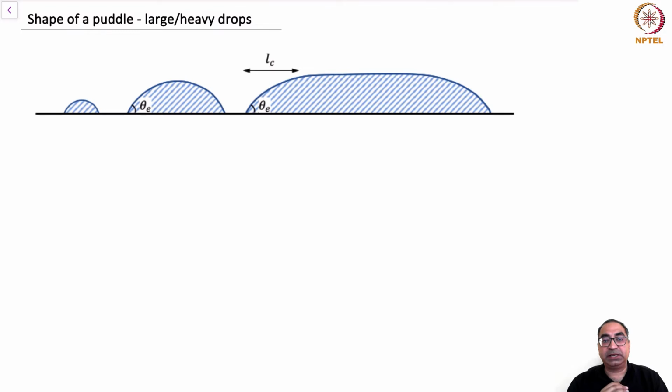So let us begin the analysis by first writing down key questions that are of interest to us, and then we will do the analysis for a large puddle.